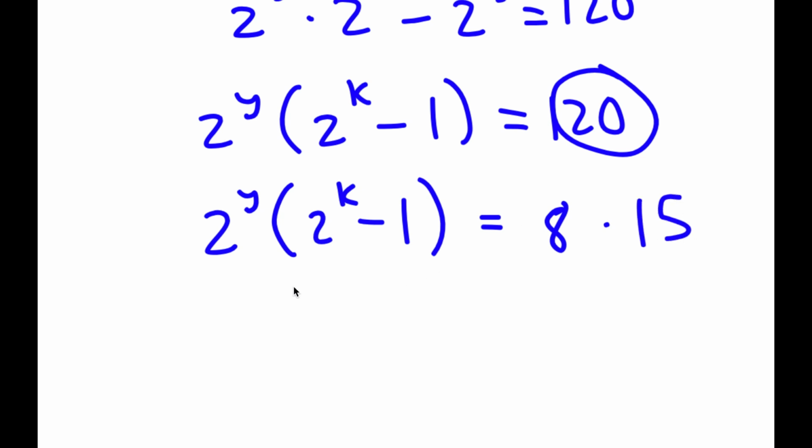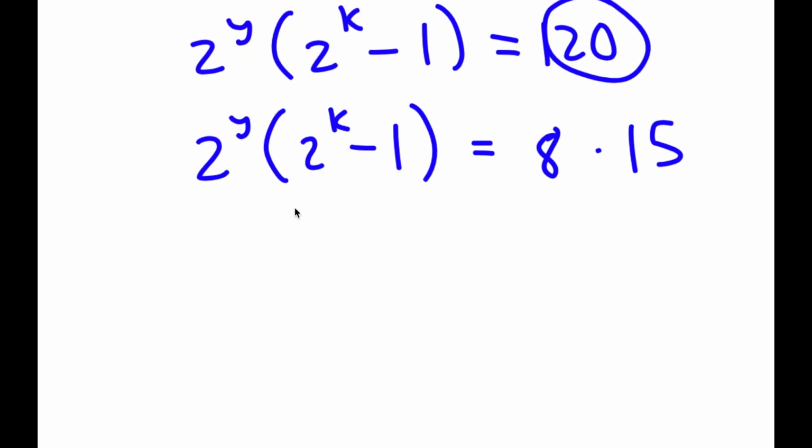So now, as you see, this is going to give me two equations. We can think of 2 to the power of y as 8 and 2 to the power of k minus 1 as 15. Because 2 to the power of y, this is going to be an even number, right? 2 to the power of any number is an even number. And 2 to the power of k minus 1, well, 2 to the power of k is an even number, and an even number minus 1 is going to be an odd number.